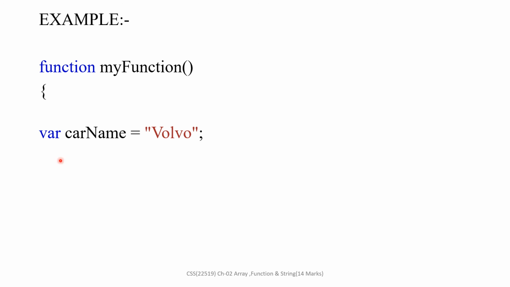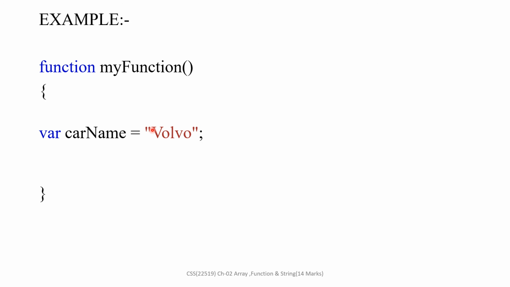Opening curly bracket, closing curly bracket, and the variable carName. This is a local scope variable where carName is equal to Volvo. Since local variables are only recognized inside their functions, variables with the same name can be used in different functions.